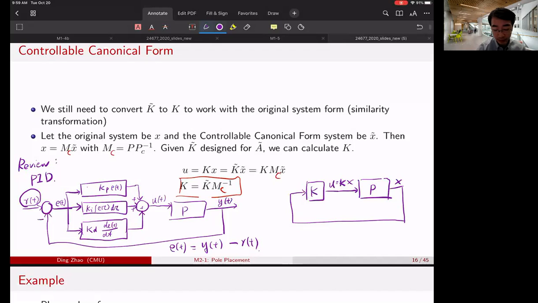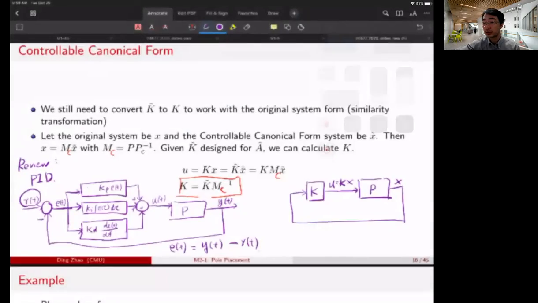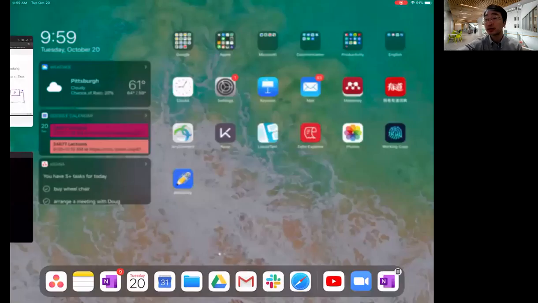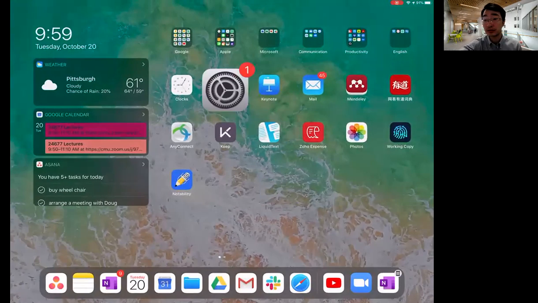We feed our error into the system. Sorry, I need to set the system up again.